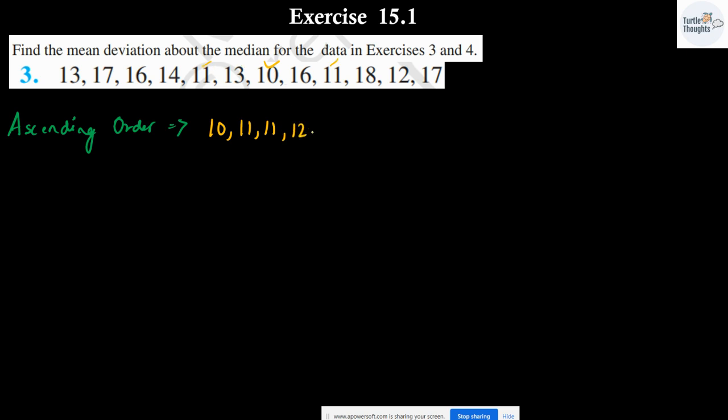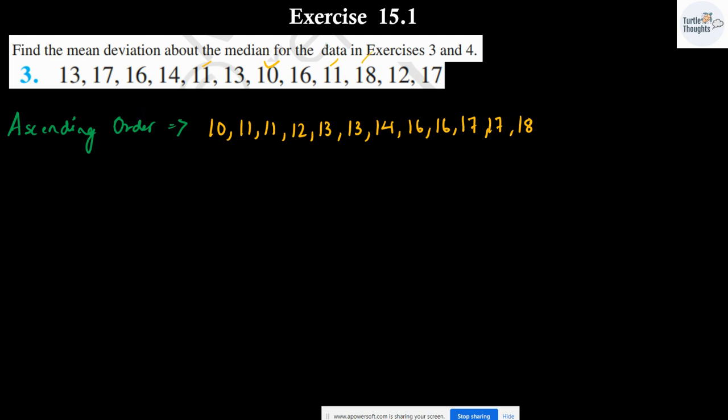Next I can take 12. Next it is going to be 13, two 13s. Next 14 is there. Two 16s and two 17s are there. And anything I left? Yes, 18 is also there. So I have put the data in ascending order.